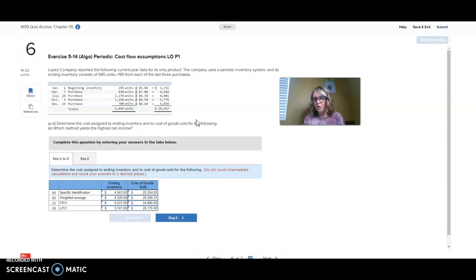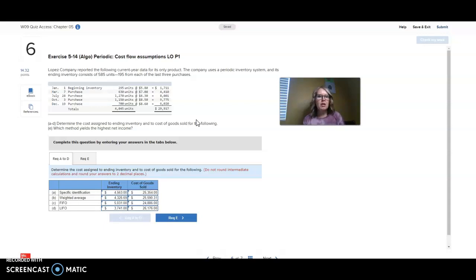All right, going on to the LIFO, and that stands for last in, first out, and so it's kind of the opposite of FIFO. The units we have in the ending inventory are going to be valued at the price of the first purchase, and since there's only 295 units in the first purchase, we're going to use some of the units from the second. So what you need to do is multiply 295 times $5.80, but that's already been done for you. So you get 1,711.